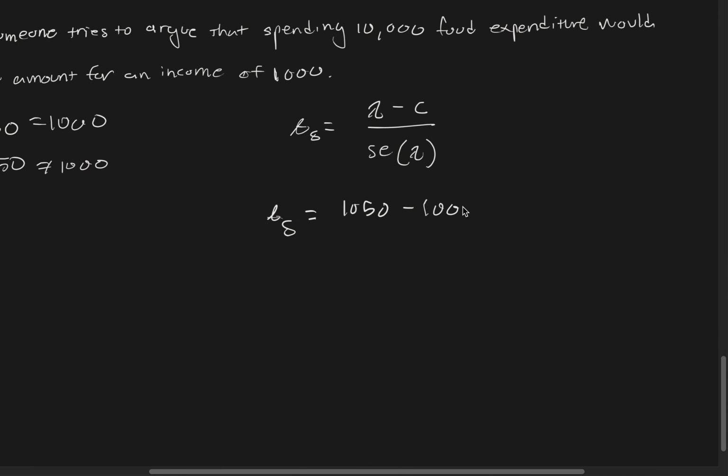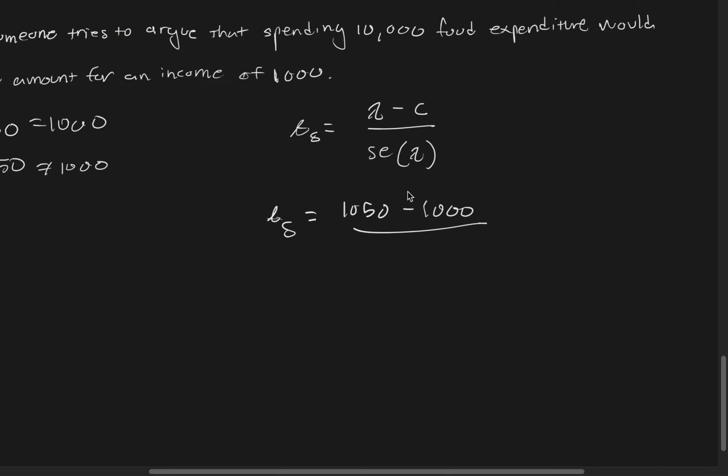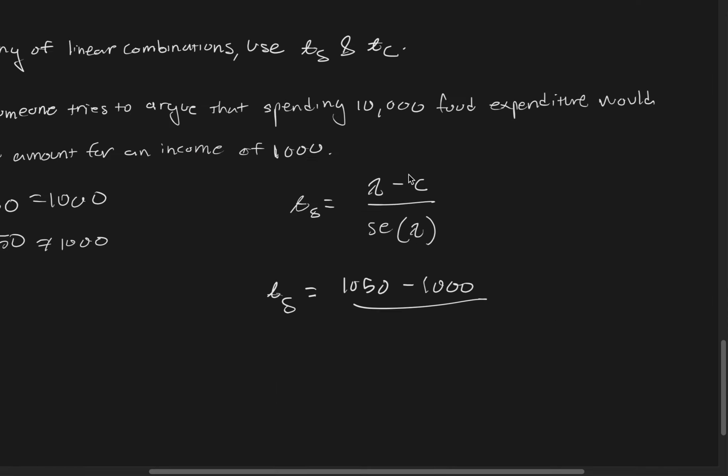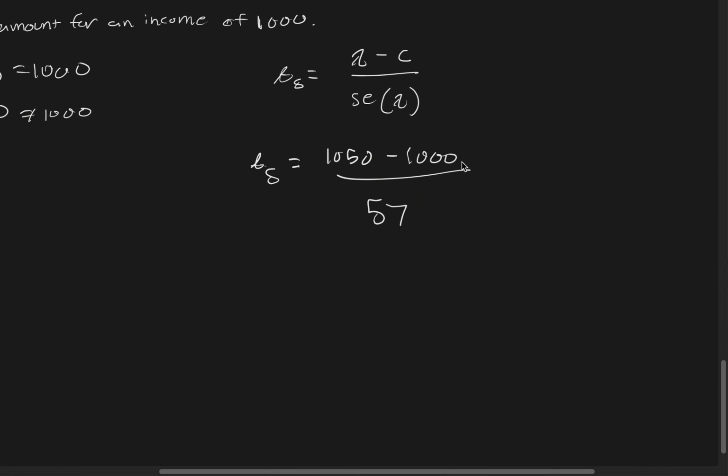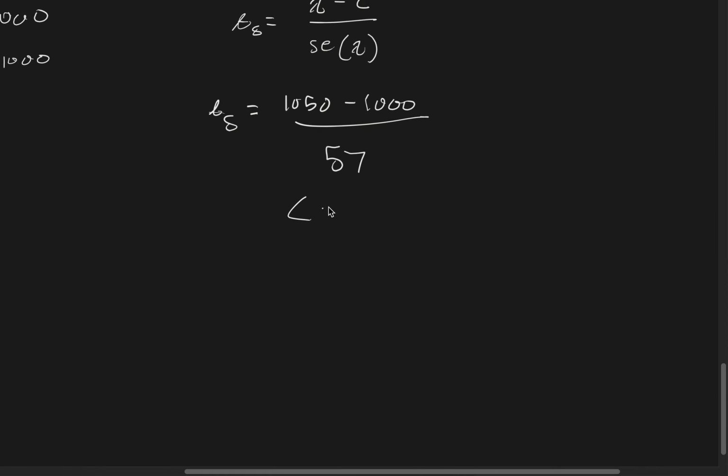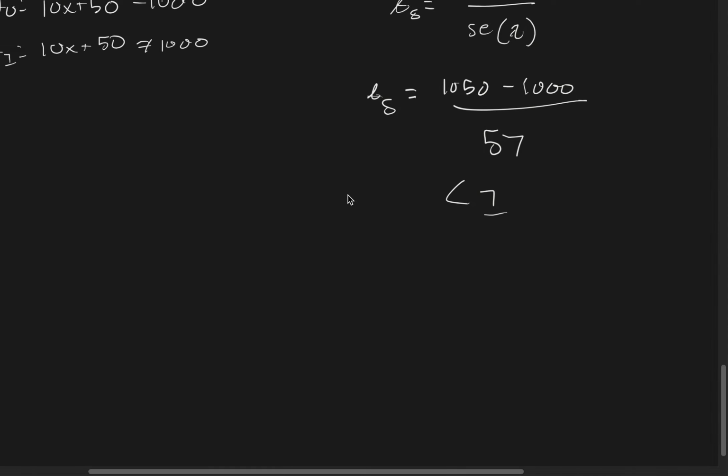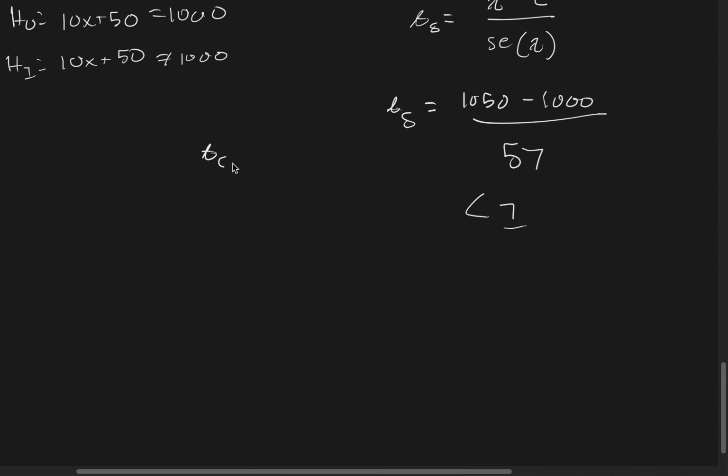But if we calculate that using the test statistic and the standard error and the critical value, we find out that this value is around 57. So 50 over 57, that's less than 1. And then our critical value turned out to be around 2.